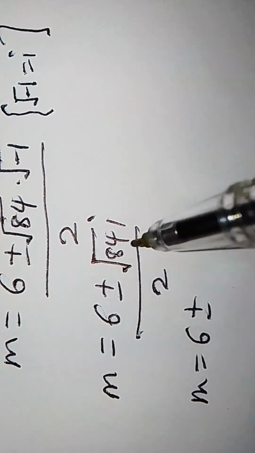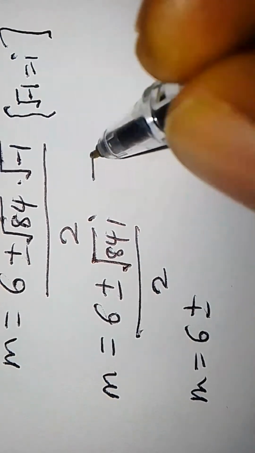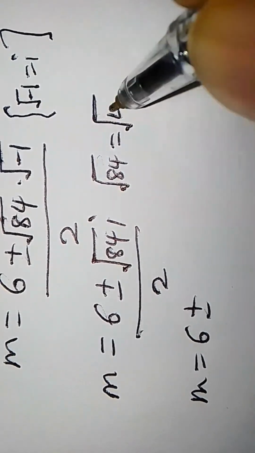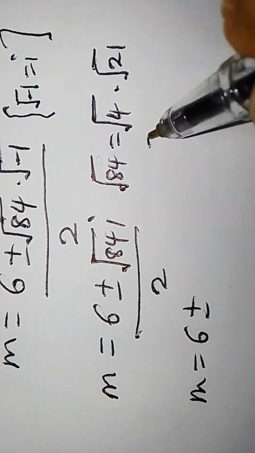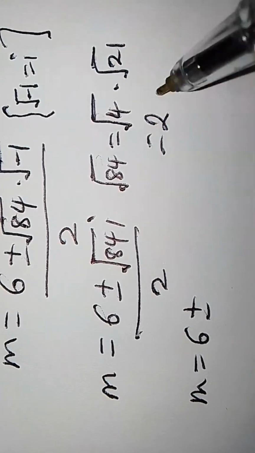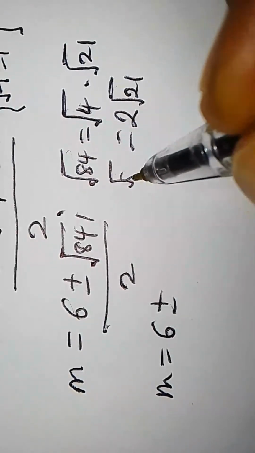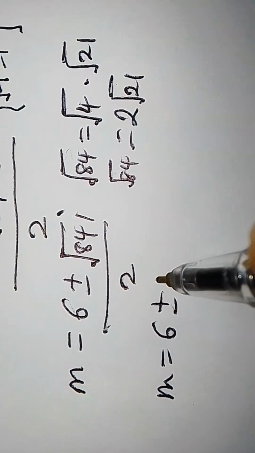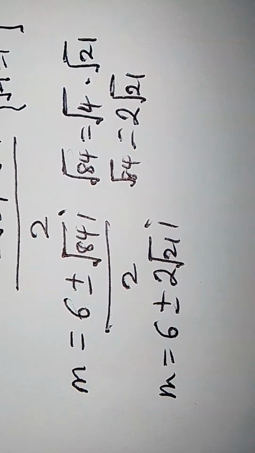We can actually simplify square root of 84 further. Square root of 84 is equal to square root of 4 times square root of 21. So this in turn gives, what is square root of 4? That is 2 times square root of 21. So this means that square root of 84 is equal to 2 times root 21. So we have 2 times root 21 here times i.